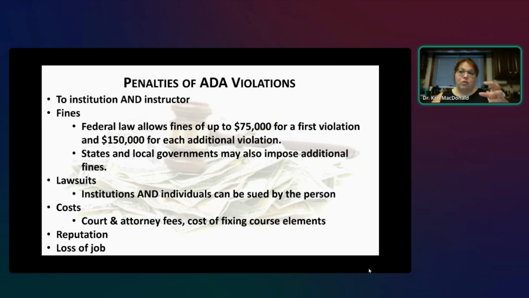There is also the financial cost, the time cost. There is also the cost of potential professional development to learn how to fix those elements. Because if someone got hit for violating ADA once, they're probably going to be watched a little bit closer in the future.